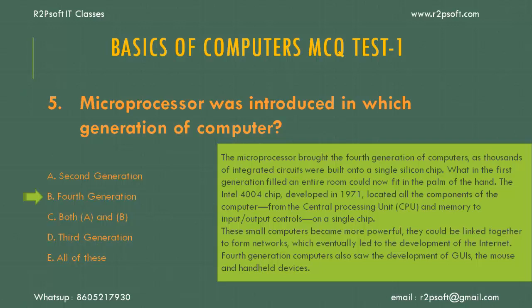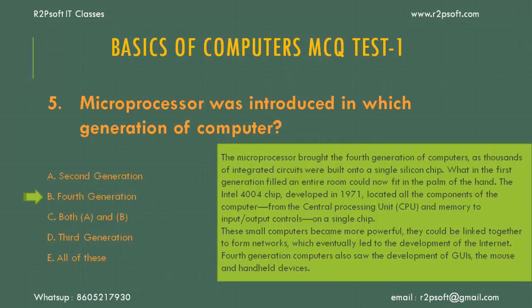developed in 1971 located all the components of the computer from the central processing unit and memory to input-output controls on a single chip. These small computers became more powerful.